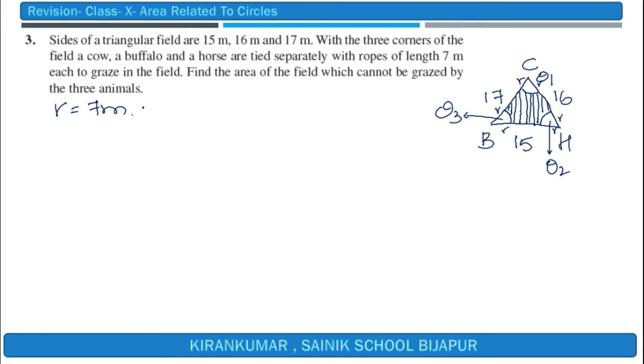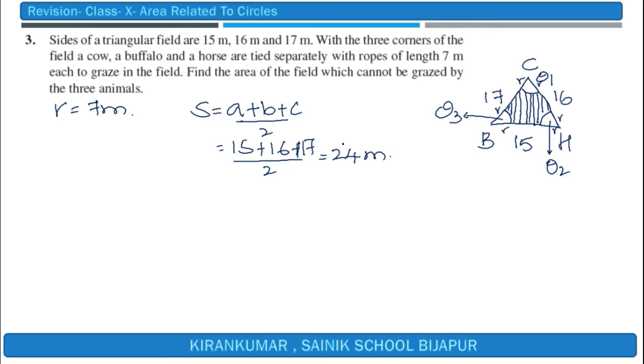Now I require the area of the triangle. For that, let's make use of Heron's formula. We require the semi-perimeter, which is the sum of the three sides upon 2. The sides are 15, 16 and 17. Let's add them, and divide by 2. The sum is 48 upon 2, which gives us 24 meter.